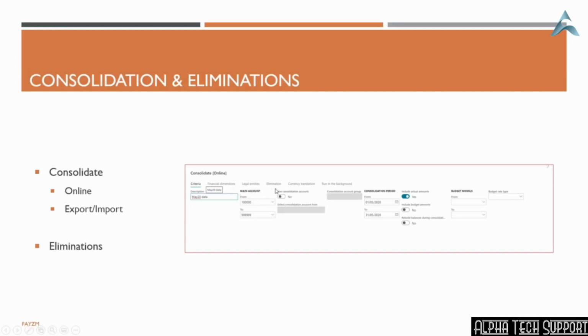In the legal entities, I'll specify C01, 02, and 03 because these are the three legal entities that I'm trying to consolidate. So I'm going to specify which legal entity I need to consolidate. And elimination is a process where you're removing the intercompany transactions because these should not form part of your consolidated results.